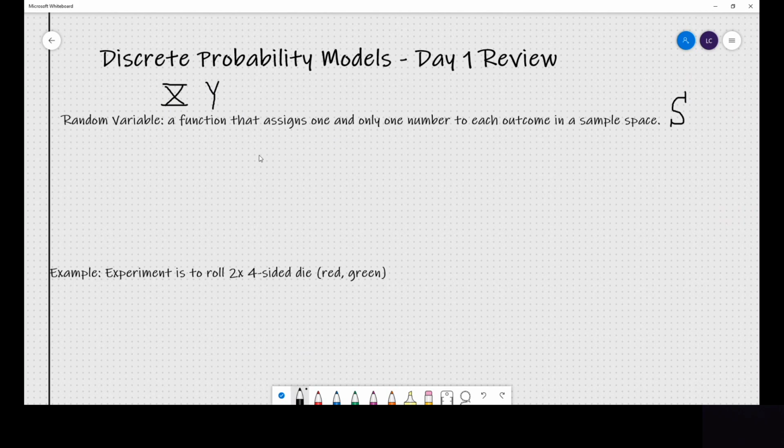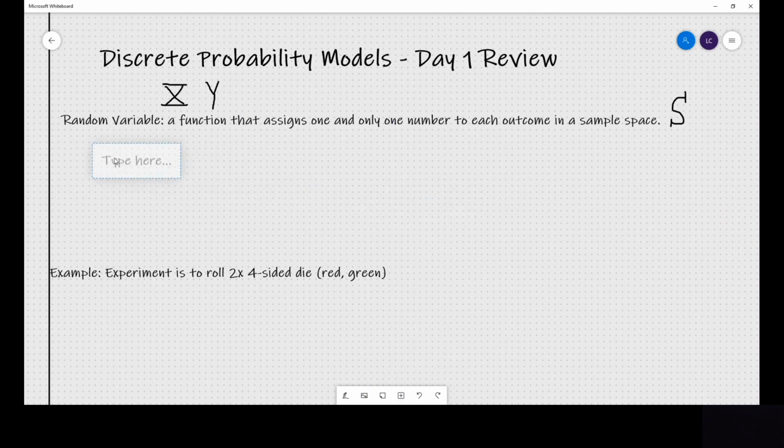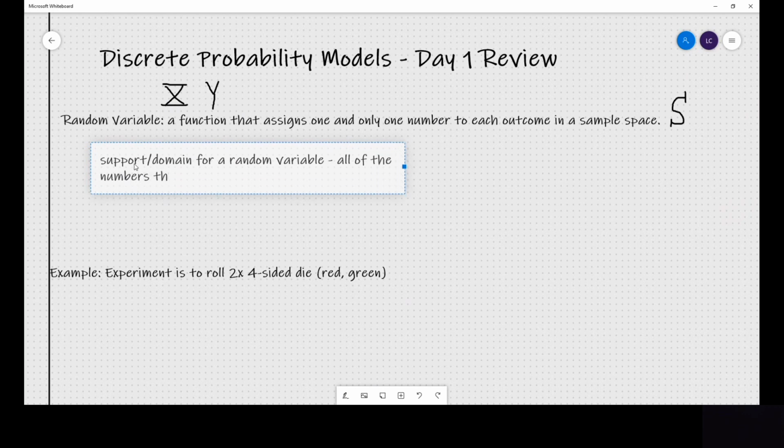After you understand that, the next part is to ask, what is the support? So the support or domain of a random variable is simply all of the numbers that can be assigned.